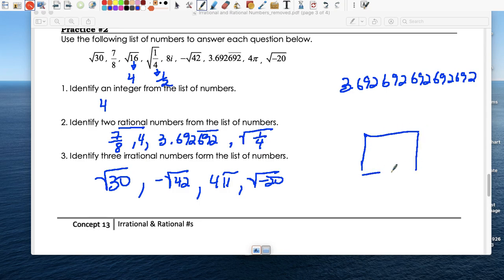I multiply two numbers and I get 1/4. What were the two numbers? Well, one of them was a half and the other one was a half. What's a half times a half? 1/4. So square root of 1/4 is a half, and the half is written as a ratio of two integers, so that makes it rational.